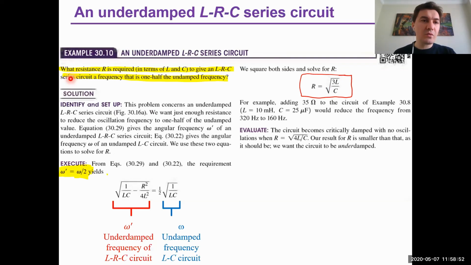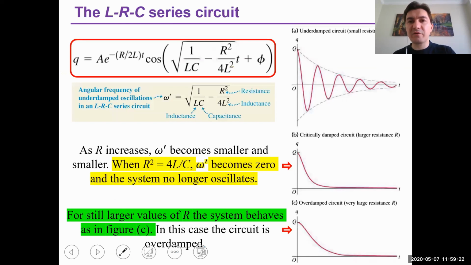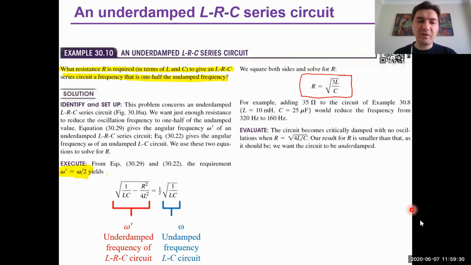Here we have: what resistance R is required to give an LRC series circuit a frequency that is 1/2 the undamped frequency? So this is the question. This is the underdamped frequency for the LRC circuit, and this is the undamped frequency for the LC circuit. We know that for the LC circuit we have this behavior.